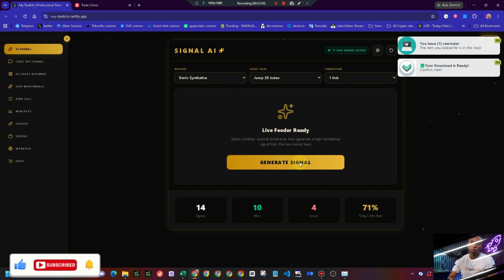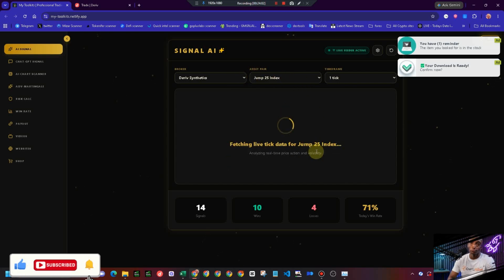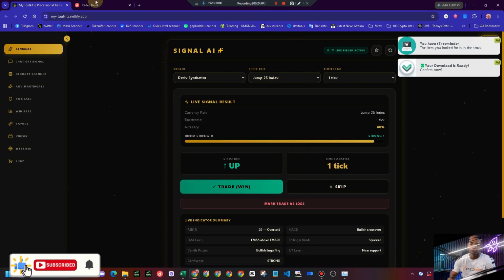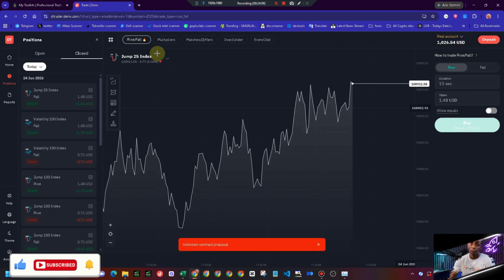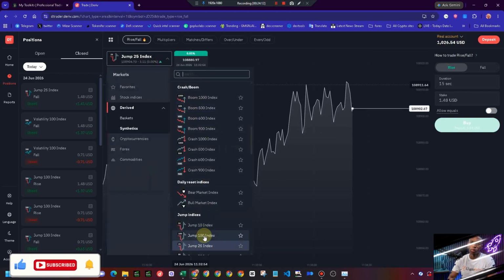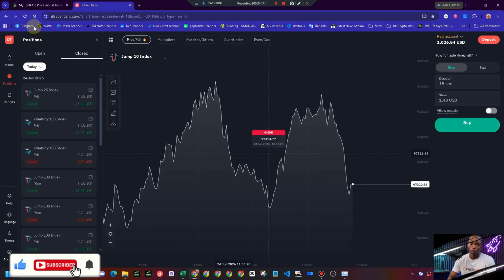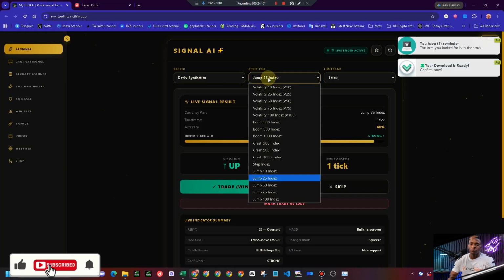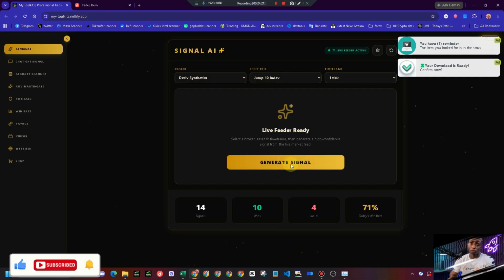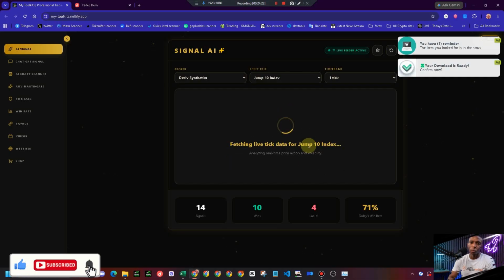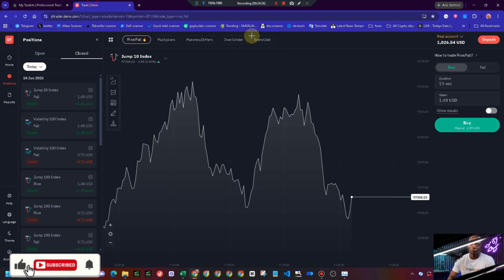So we generate another one. Up, rise, that's buy. Okay, we go to Jump 10. We select Jump 10, we skip this one, and we generate up.